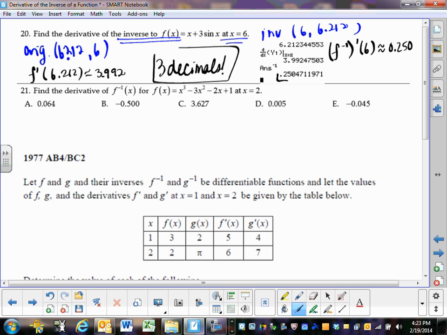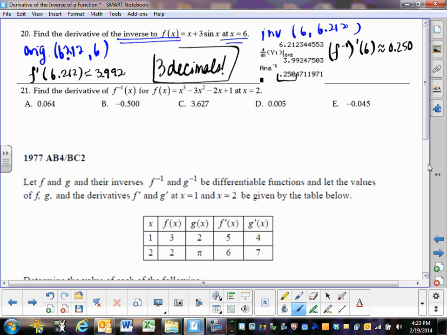Okay. So on here, we're looking for the derivative of the inverse to f of x. So they don't always use the notation. Sometimes they spell it out. So you have to read very carefully. At x is 6. So that again means the inverse has the x as 6, but the original has the y value as 6.